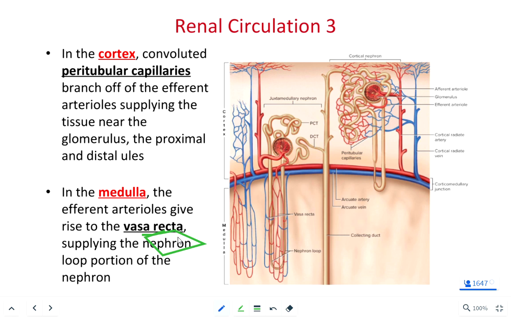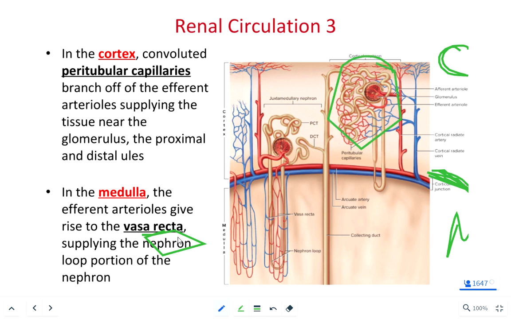So we'll say cortex up here, C for cortex. We'll say M down here for medulla. And then dividing them, we have those arcuate arteries and veins. The cortical radiate, or the cortical nephrons, with their peritubular capillaries, are going to be located in the cortex. So here we have peritubular capillaries.